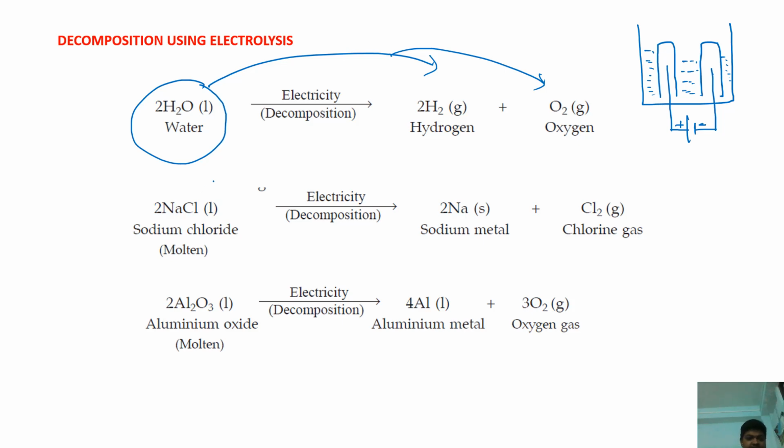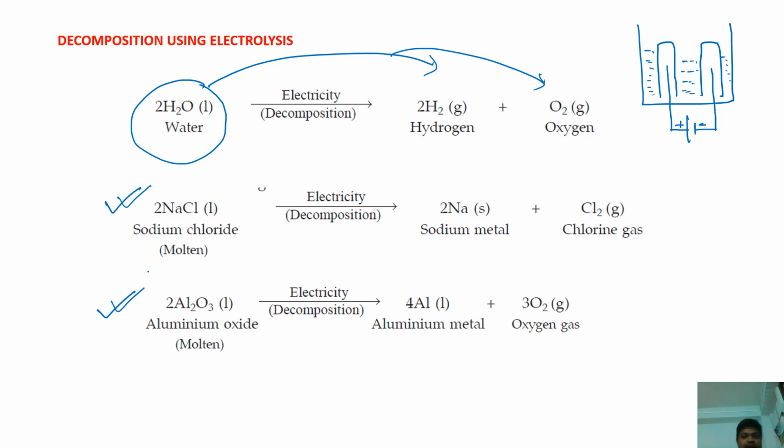Now in the second case we use sodium chloride, and the same thing happens. Whenever we pass electricity through the sodium chloride solution, we get the sodium ion and the chloride ion separately. By depositing them in separate test tubes, we get sodium and chlorine. In the third case, we use aluminum oxide.